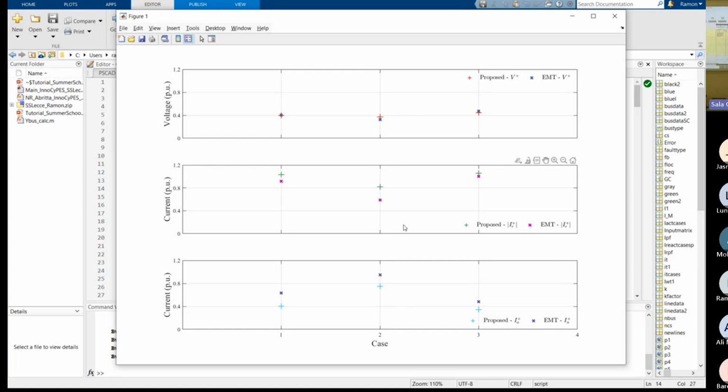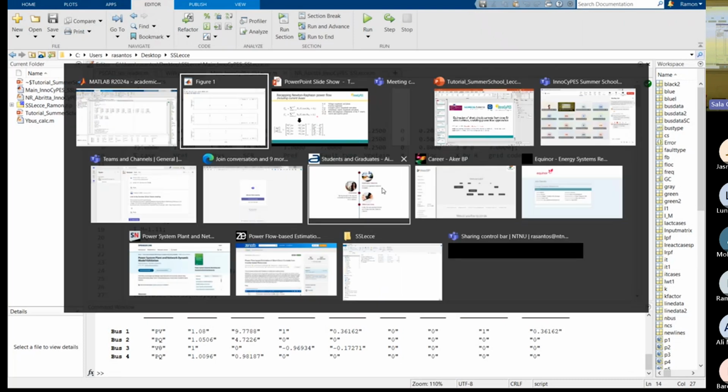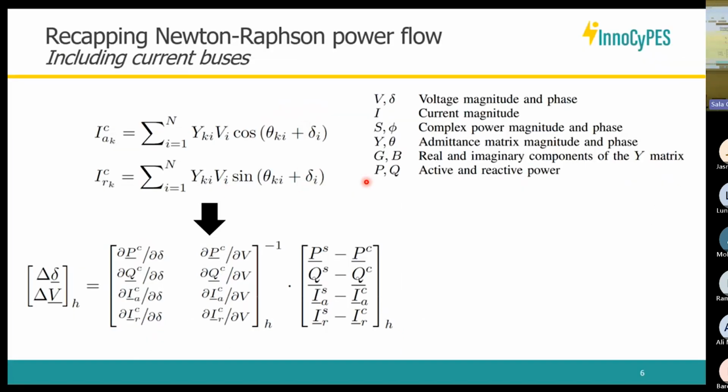There is quite a mismatch, meaning that it's not really properly estimating the currents. And then the question is why? Why is this happening? Because I can assure you that over here, and also in the code, there is no mathematical mistake. The equations are all correct, but still we have this mismatch.